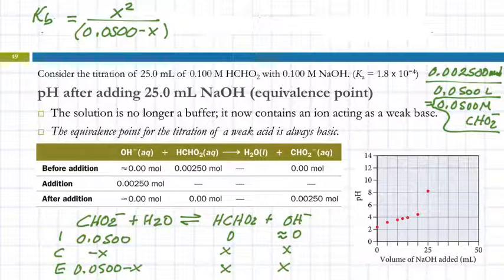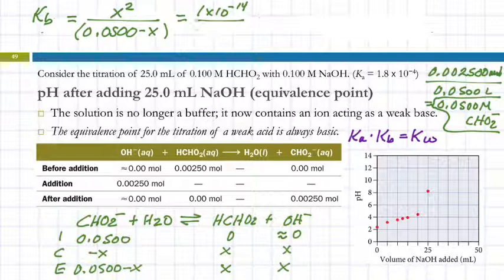There is just no room on this slide. Ka times Kb equals Kw. So Kb up here is equal to Kw divided by Ka.